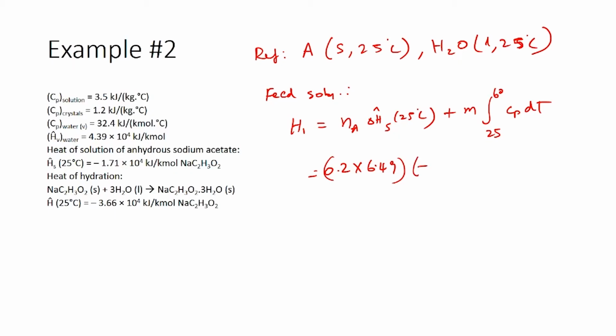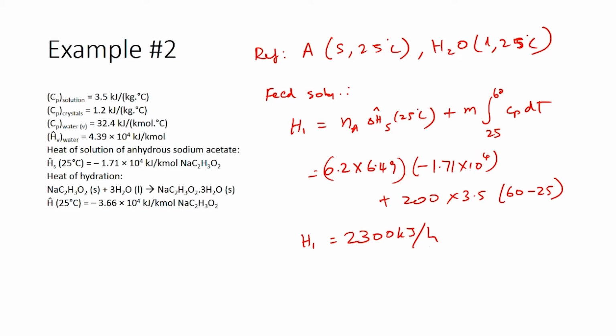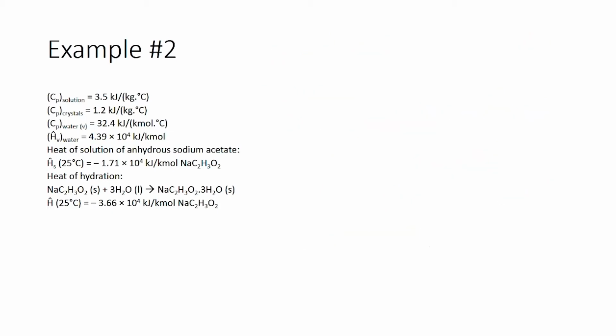So, this times minus 1.71 times 10 to the power 4 is the first term, and the second term becomes 200 times 3.5 times (60 minus 25). This can be simplified to get the final value as roughly 2300 kilojoules per hour. So, this is the change in enthalpy for the feed solution. We now need to identify such change in enthalpy for the other components in the process. Let us look at the next component, which is the product solution.